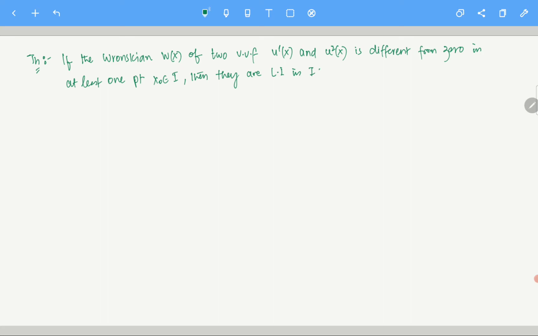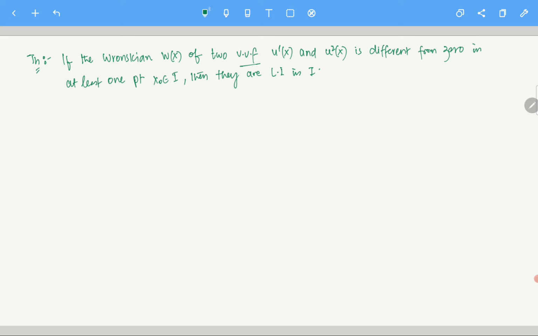Clear? Linearly independent is not like they are linearly independent at one point. If we are talking about two functions and we say they are linearly independent, it means they are linearly independent in a whole interval. Now, what is the meaning of this? You have two vector valued functions u1 and u2, and they are different at one point.